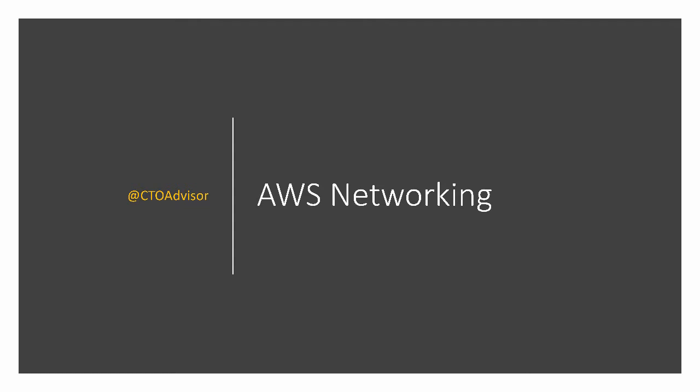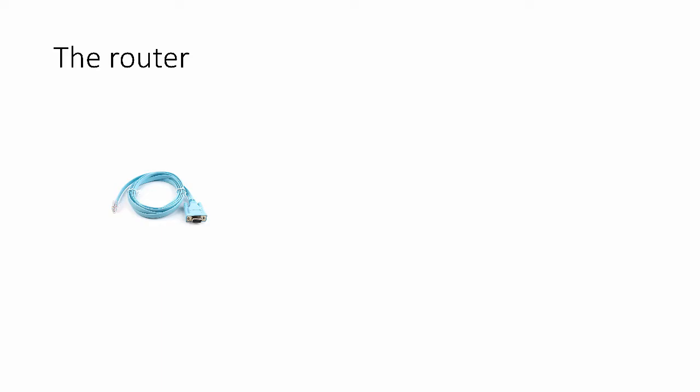I wanted to introduce the concept of abstracted networking in AWS. When we first get a router, we get some type of cable, whether that's a physical cable or some virtual SSH. We're configuring, like, our wireless router at home.